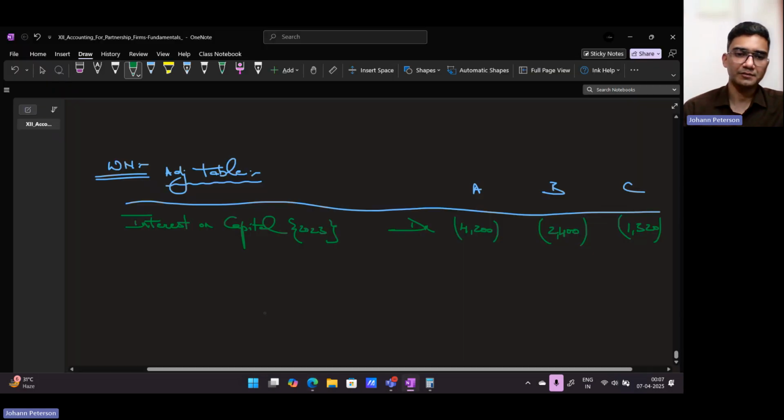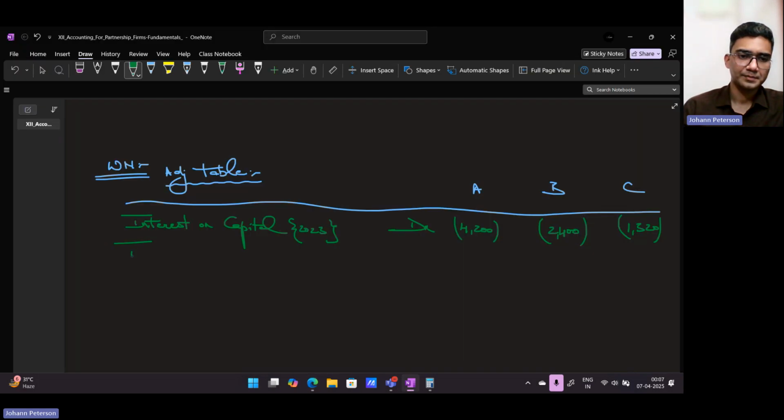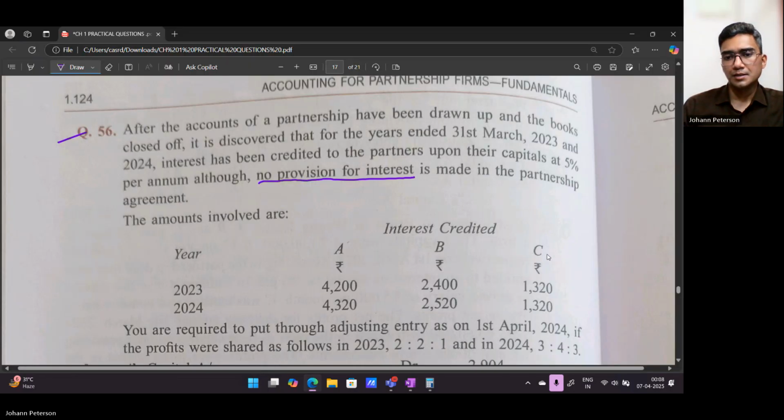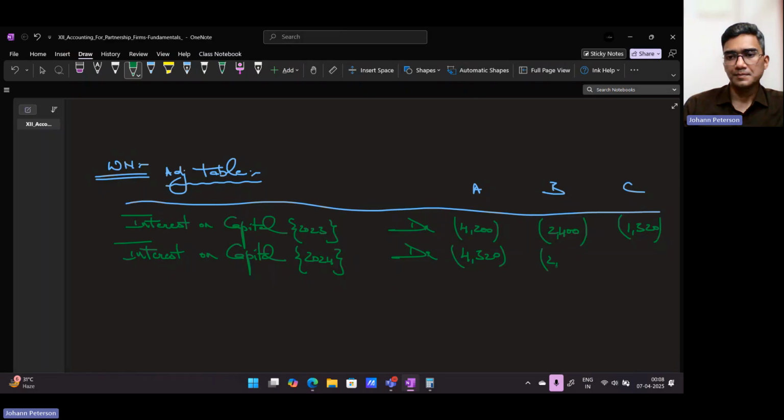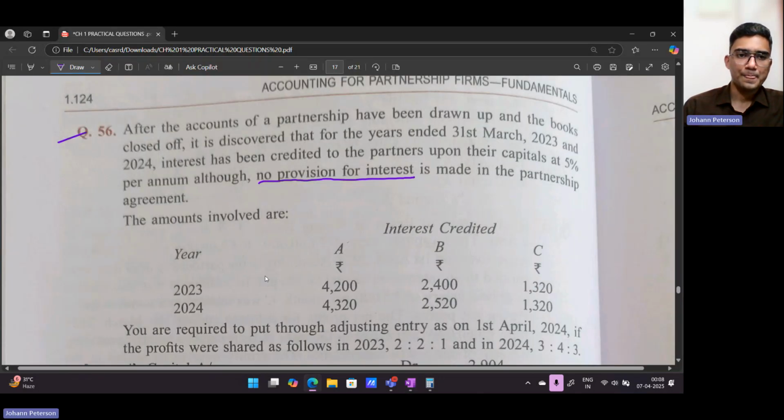So it's 4320, 2520. Since we're taking it back, put a minus sign for 4320, 2520, and 1320.